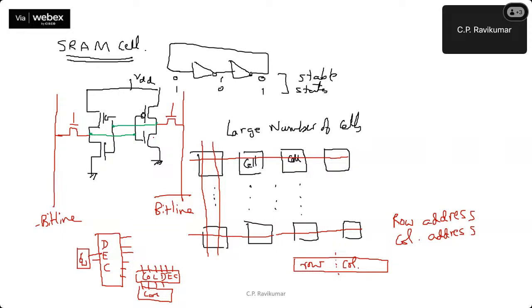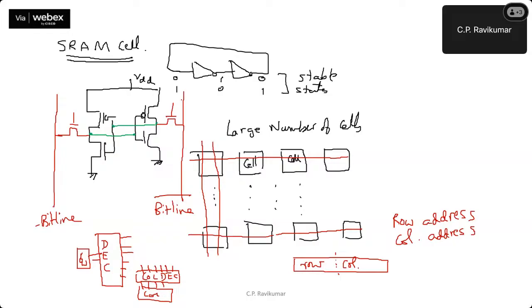So usually what happens is, for reading, I'm referring to reading, if the cell has a 1 here and a 0 here, when you try to read, I expect a 1 to come here and expect to get a 0 here. Imagine this guy was initially 0. Then this one small transistor inverter will have to charge a very large bit line. So to avoid that, they usually do what is called pre-charging.